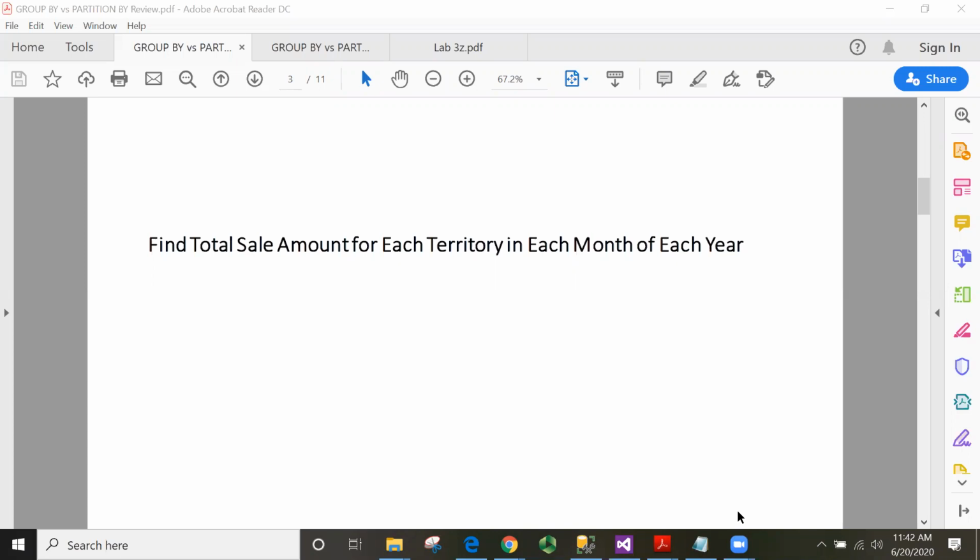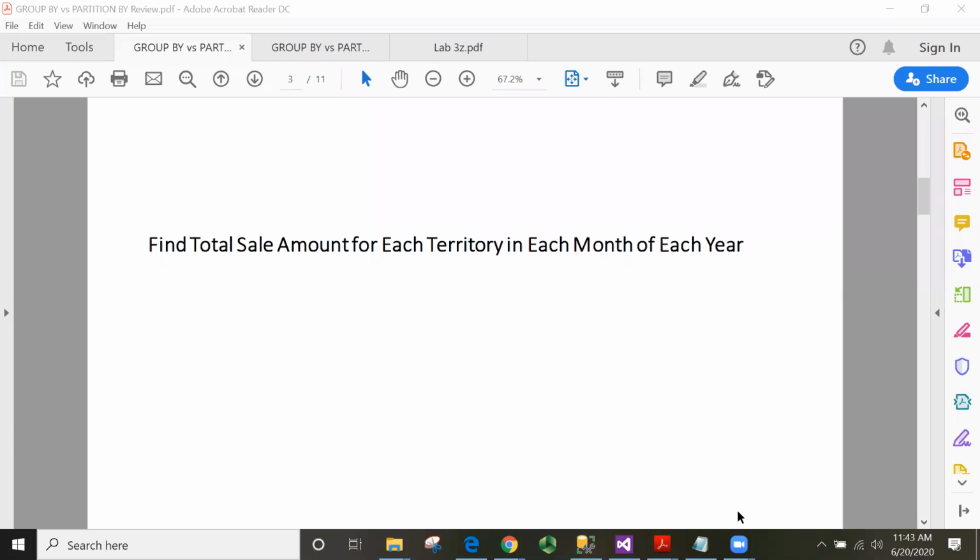Let me ask the class this question. You look at the ask, right? For this question, do we need to summarize data? Do we need to aggregate data? You can use AdventureWorks as the source data when you walk through this exercise.